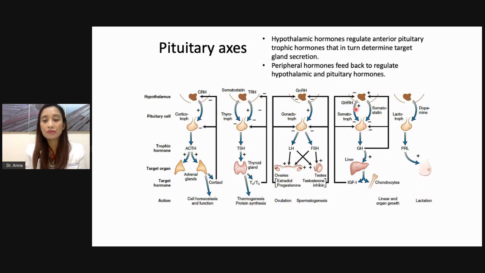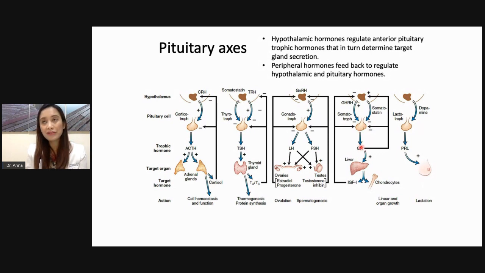We now go to your hypothalamic-pituitary-growth hormone axis. Growth hormone-releasing hormone is released from your hypothalamus and stimulates the somatotropes in your pituitary gland to release growth hormone.